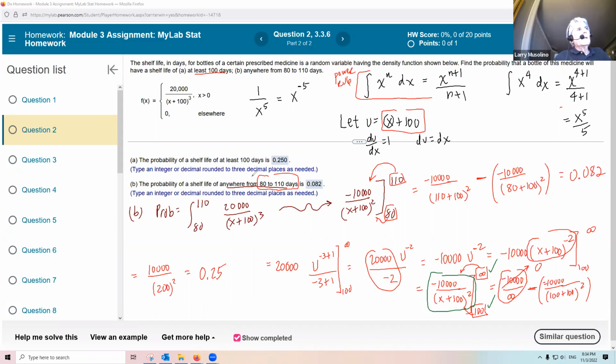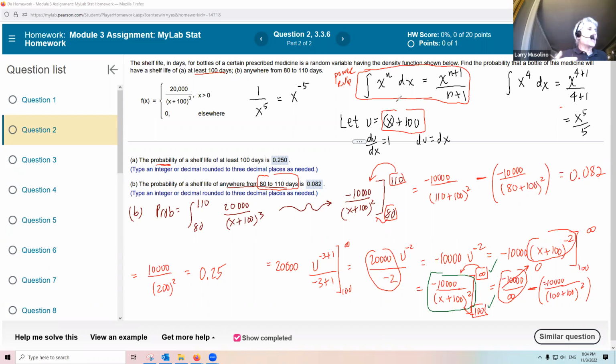Just to summarize what we did here, if you want to know the probability for a continuous probability density function, you're really finding the area under the curve. But the area under the curve is the integral. And so we're going to need to use some calculus methods here. The basic calculus method for integration is this power rule.